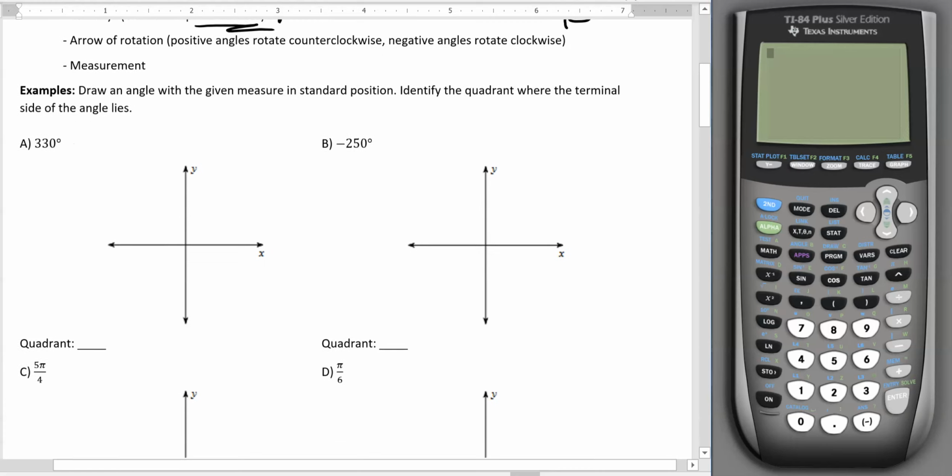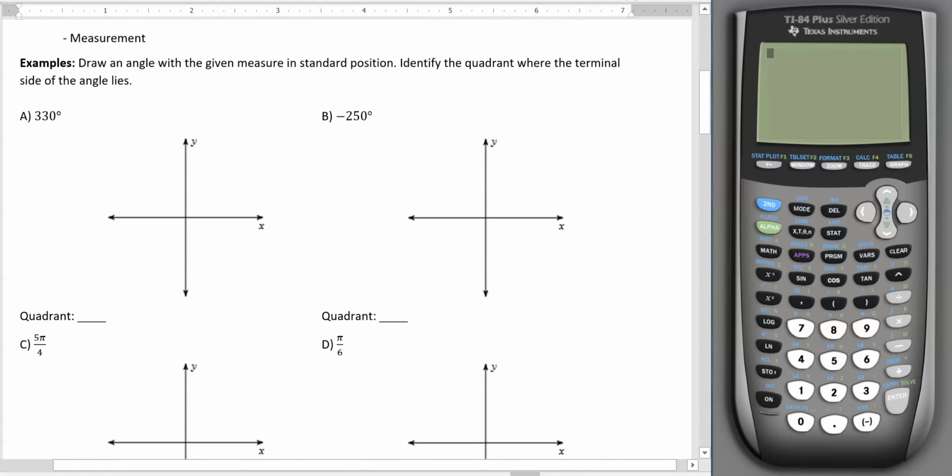So let's do some examples of drawing angles in standard position. A 330-degree angle. That's just less than 360, so 30 degrees short of a full rotation, right? I'm going to have one ray of my angle on the positive x-axis, and then this would be 90, this would be 180 degrees, 270 degrees, and then 360 would be all the way around.